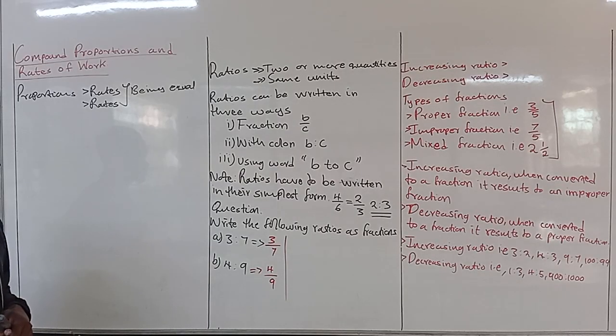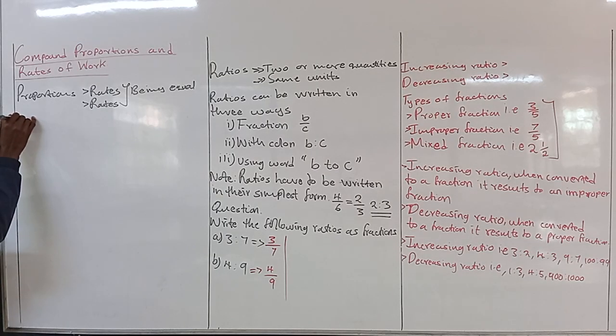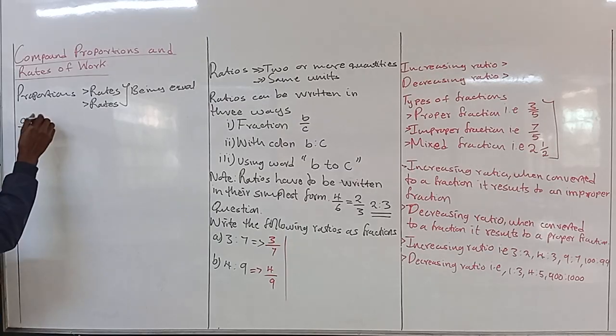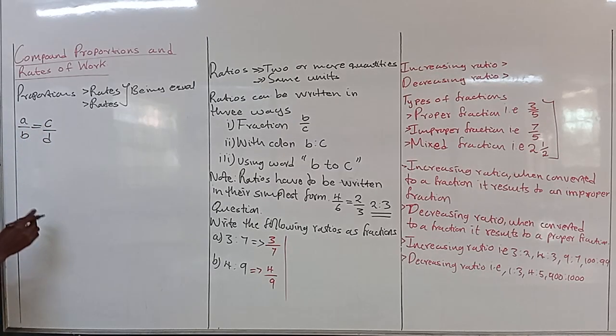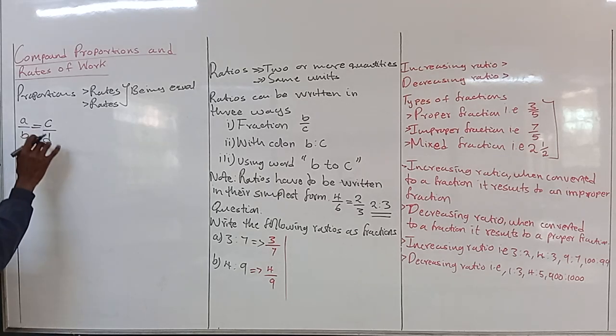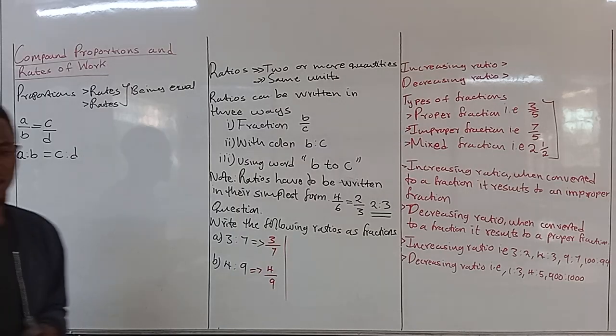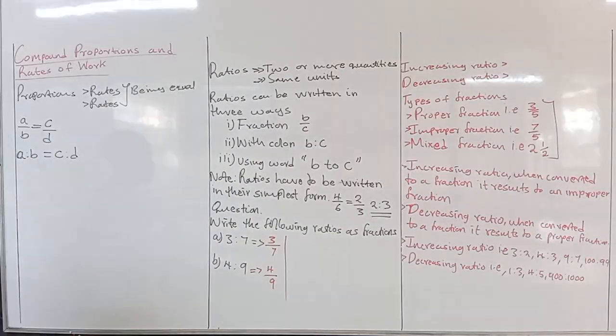For them being equal, it means that our proportion can be written as, if we have a ratio or a rate in fraction form, A out of B is equal to another ratio or another rate, that is C out of D. So this can be written in terms of ratios: A is to B is equal to C is to D. So in this case, we are equating two ratios or two rates.